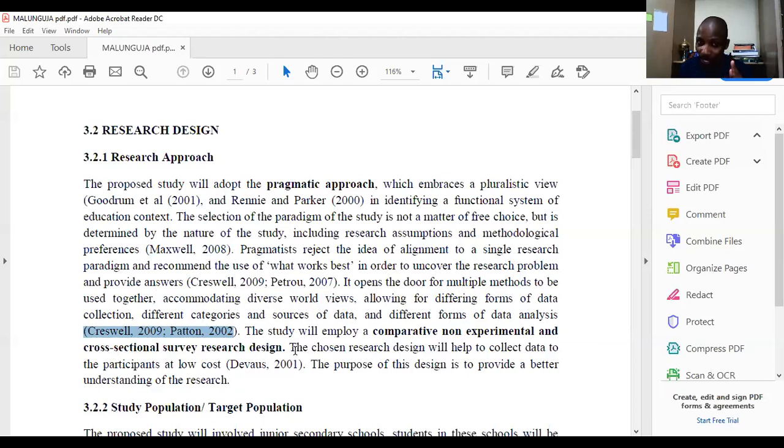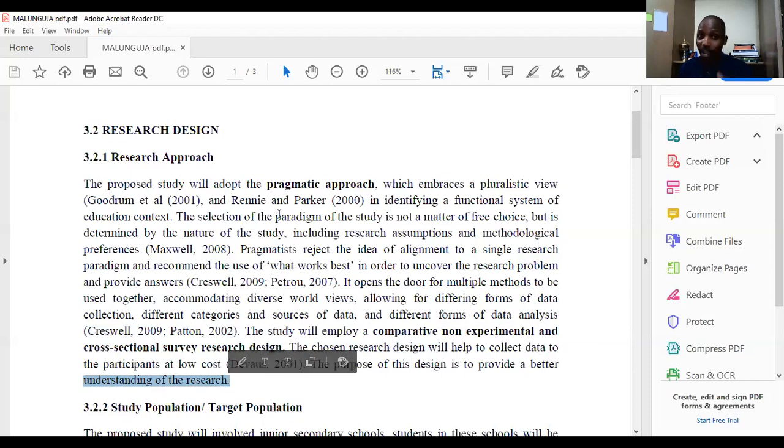Why this one? The choice of this research design will help to collect data from participants at low cost, and this information was also declared by Devers 2001. The purpose of this design is to provide a better understanding of the research.